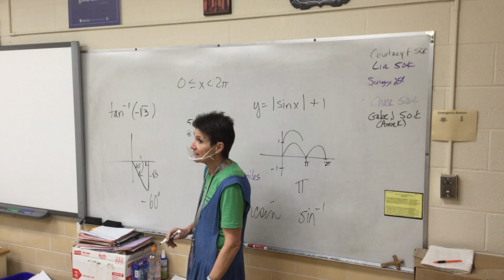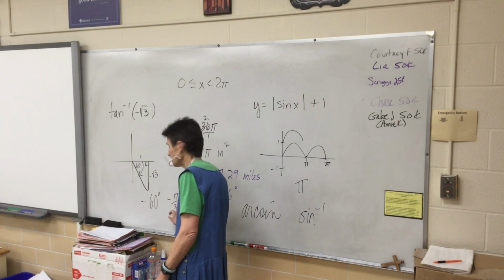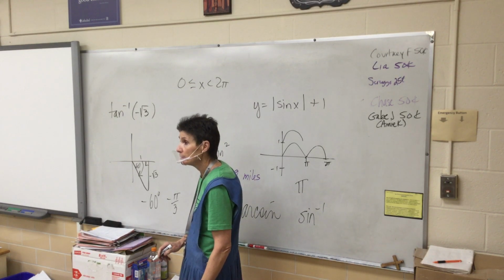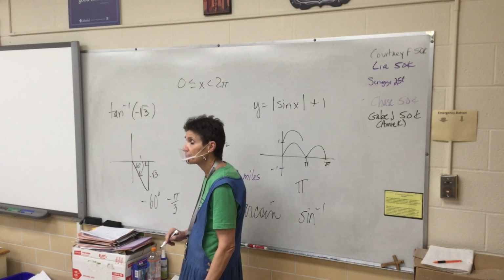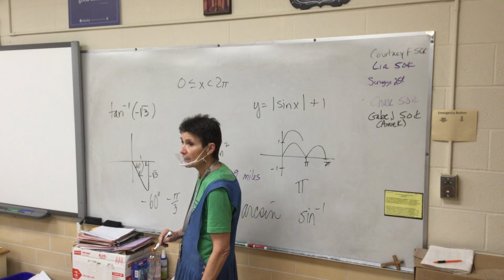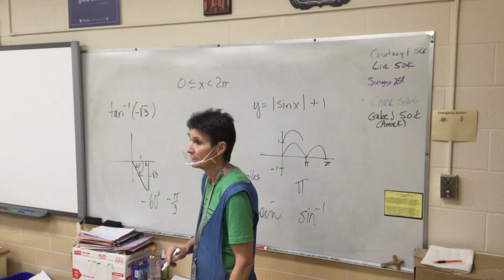If I'm answering in radians, I would say negative pi over 3. Right? Will it tell us on the test whether it's in radians or degrees? Yep, and if it doesn't, then I have to take either answer. Okay? All right, who else? Good questions. Who else?